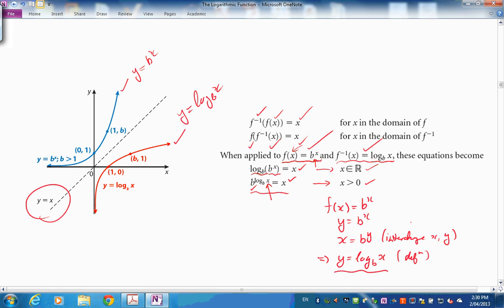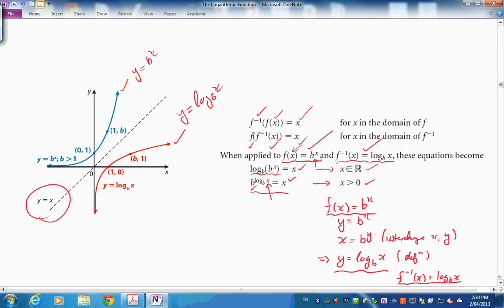So x equals b to the y means y equals log to the base b of x, and we always make our conclusion at the end. Therefore the inverse function is log to the base b of x. So if we start off with a function b to the x and go through our inverse function procedure, then we do produce that inverse function.